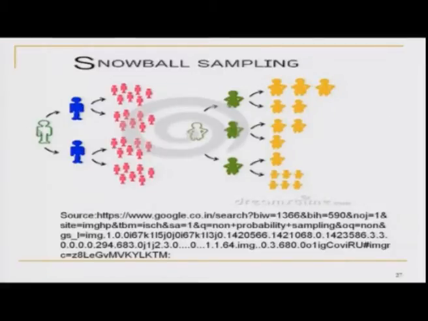You start from here, collect data from this person and take help of this person to get you introduced to these two, and then collect data from them. As I said, for working with hidden populations, people having HIV/AIDS, you cannot have a sampling frame, you cannot use any other method.